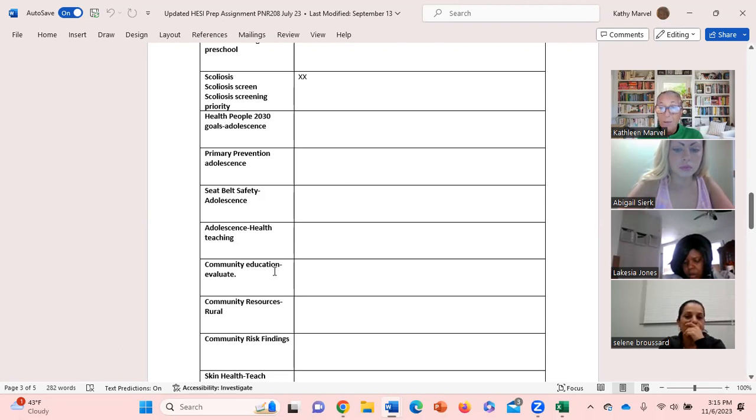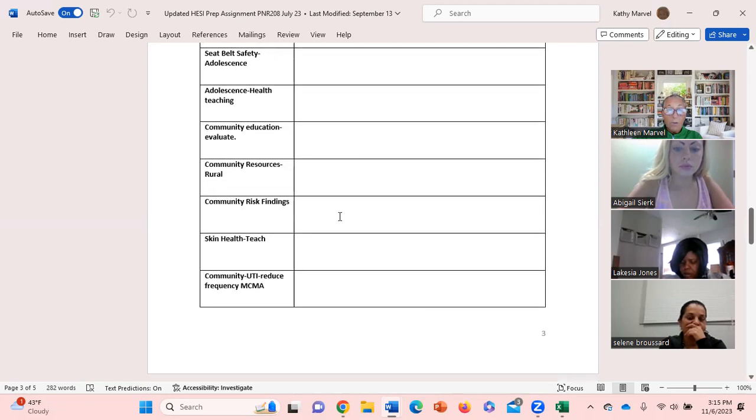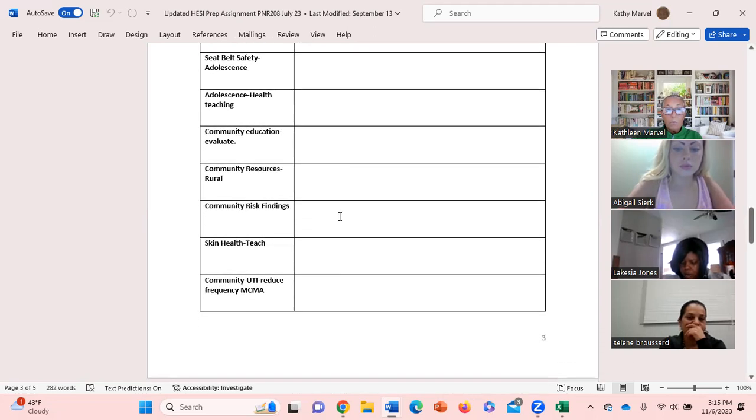We just talked about that a few minutes ago. How do we evaluate effective education in the community? I know it seems like a long list of things, and some of them look repetitive, but like I said, each of these boxes represents a question on HESI.